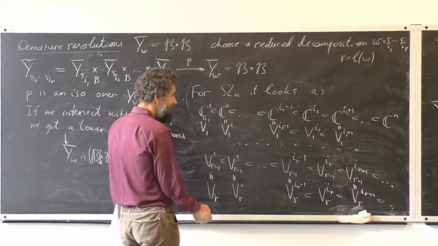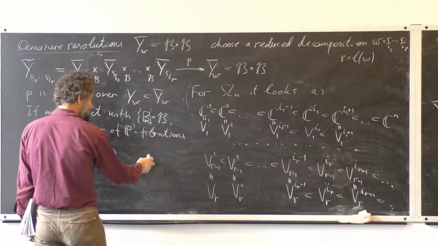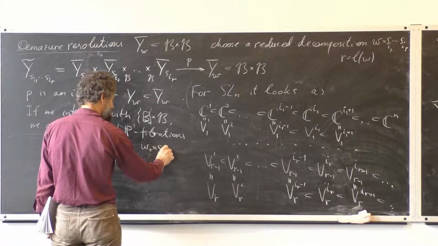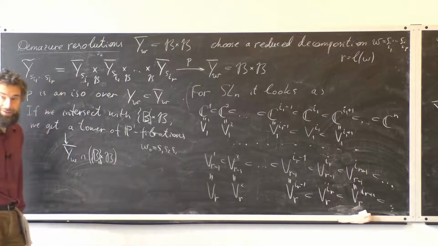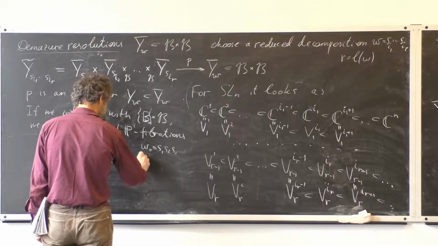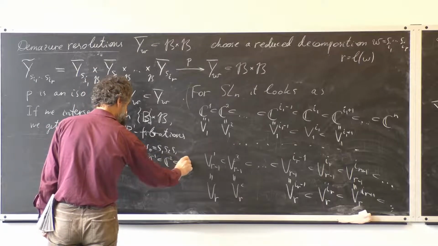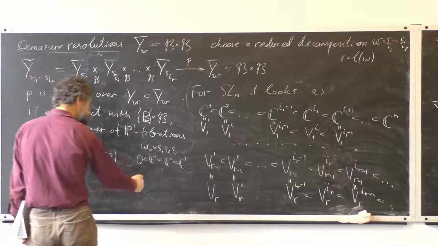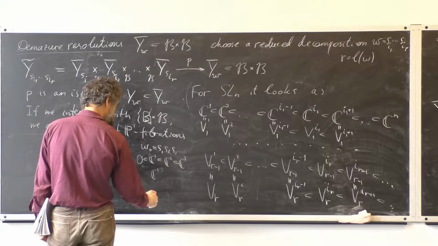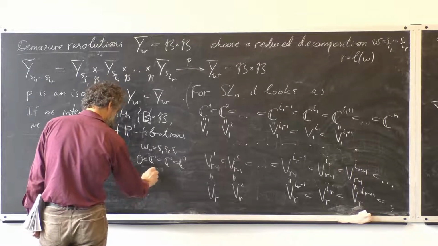So for example, let's take SL3, and let's take w_0 = s1 s2 s1. I start with the standard flag, 0, C1, C2 and C3. At the second step, I am allowed to move this one, or maybe that one, sorry.